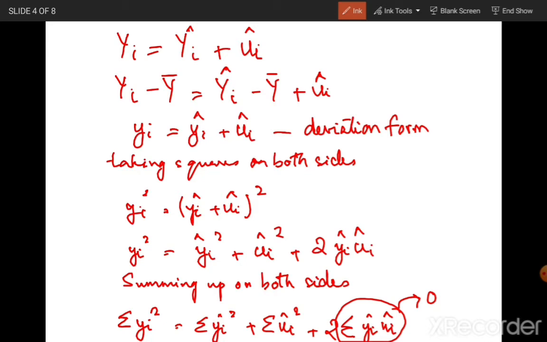So what does that mean? This is the relation that we are interested in. That is, the sum of variations in observed yi is equal to the sum of variations in estimated yi plus the sum of variations in ui.